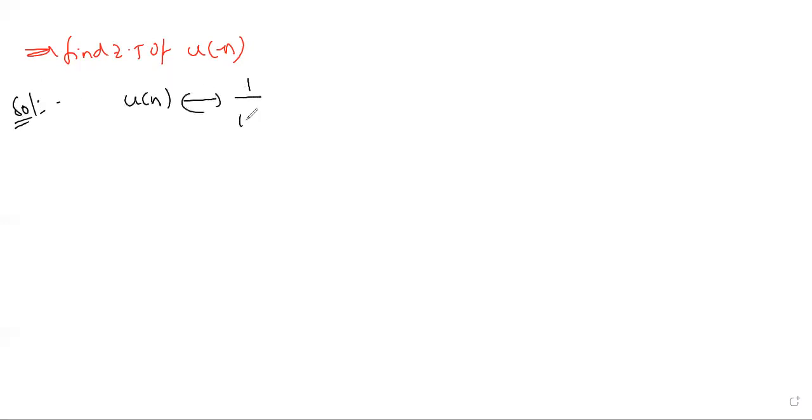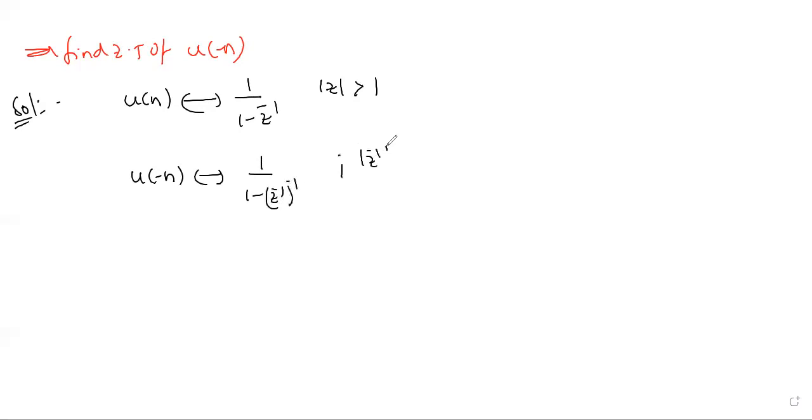So many problems we can solve based on this. Find the z transform of u of minus n using properties. We know already u of n, what is its z transform? 1 by 1 minus z inverse, where mod z greater than 1. When n is replaced with minus n, z is replaced with z inverse again.